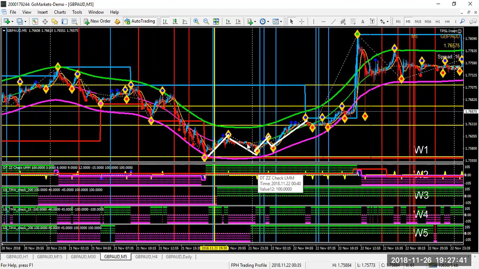It doesn't mean it's going to keep going up immediately. That diamond generally means I've hit a current high and it's going to move down, but it's already stated its intention that it is going to move up.